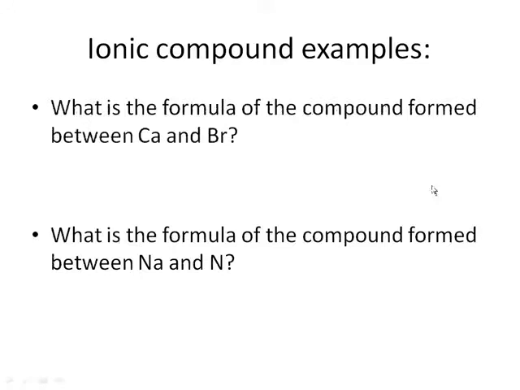So let's go back and write this down. So calcium, like I said, will form a +2 charge. And bromine will form a -1 charge. So now that we've figured out the ions that will actually form, we need to come up with the actual compound formula.